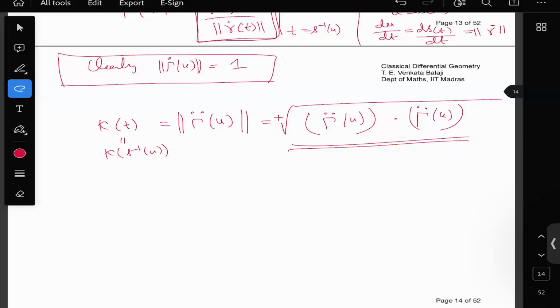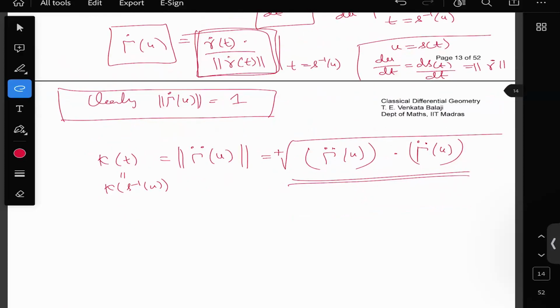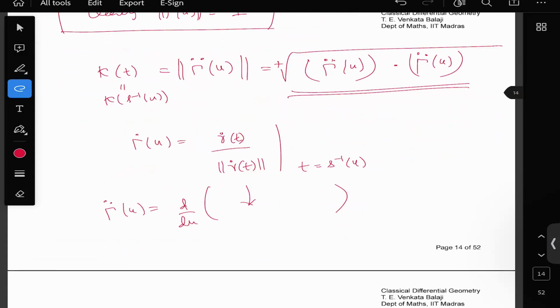Let us calculate. Already we have a formula for gamma dot u. So gamma dot of u is small gamma dot of t by norm gamma dot of t, at t equal to S inverse u. And now you calculate gamma double dot of u. You have to apply d by du to this, and again use the chain rule, applying d by dt to that and then putting dt by du.